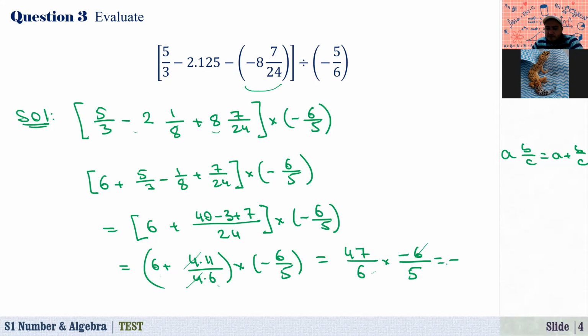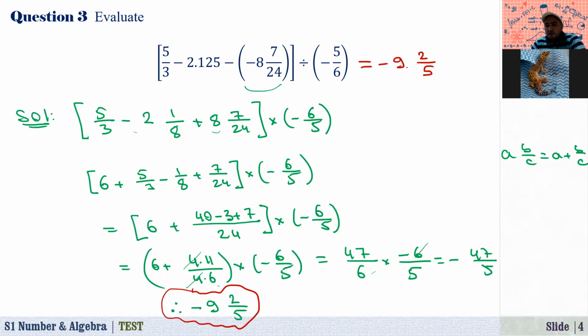That's equal to minus 47 over 5. Or as a mixed number, I can just write here, the answer is minus. How many 5s do we have in 47? It is 9. 9 and 2 over 5. That is the final answer of this calculation. So the answer is equal to minus 9 and 2 over 5.